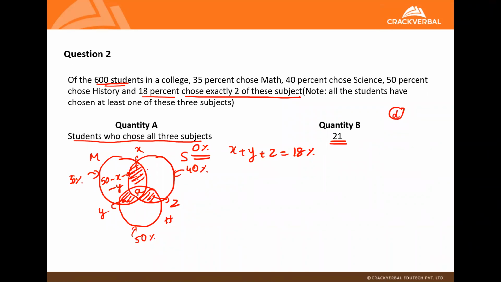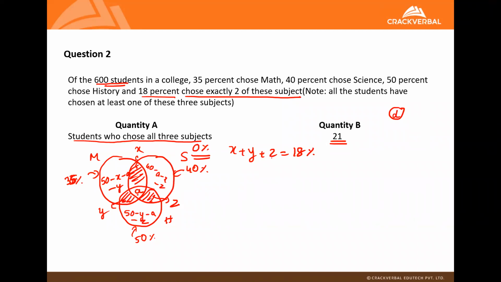There's already X, A, and Z in it. This is going to be 40 minus A minus X minus Z. And the entire H circle is going to be 50 minus Y minus A minus Z. This is 35%. Okay, that represents the entire math section.